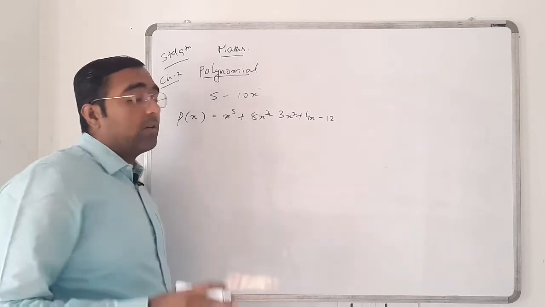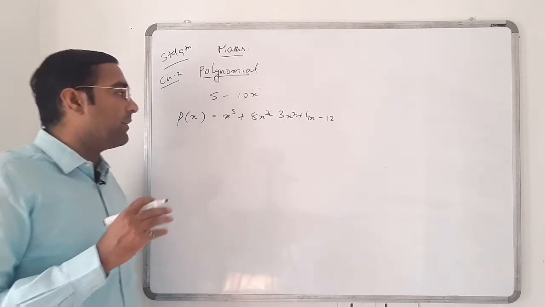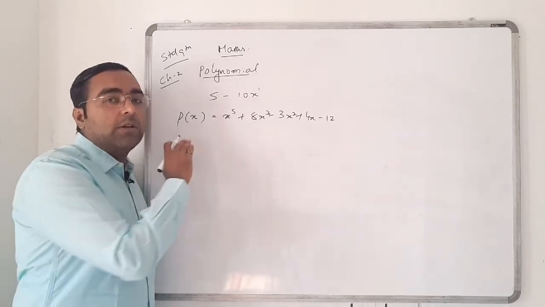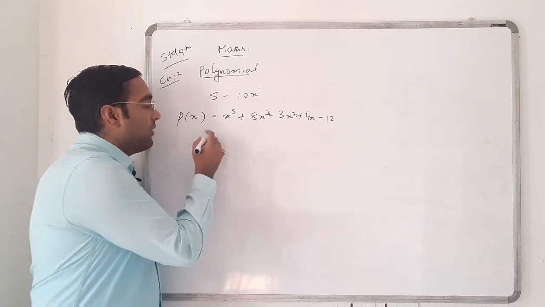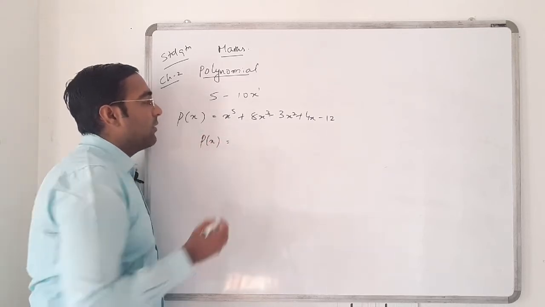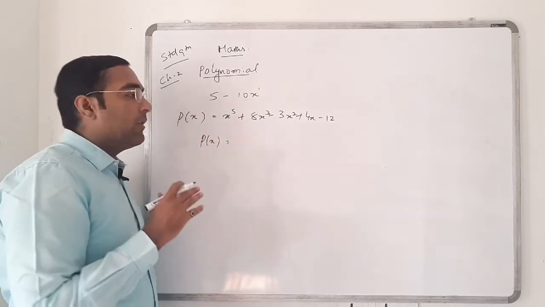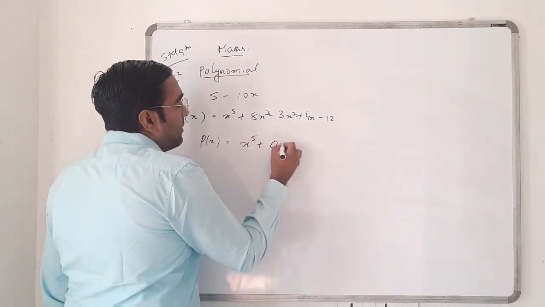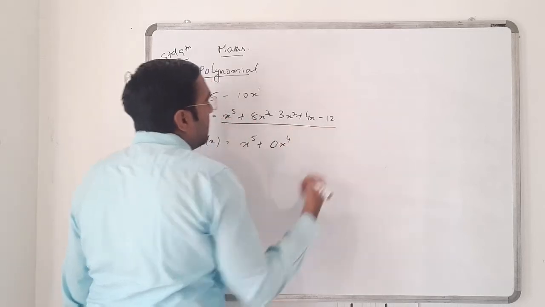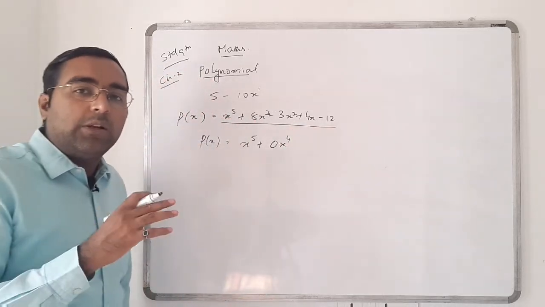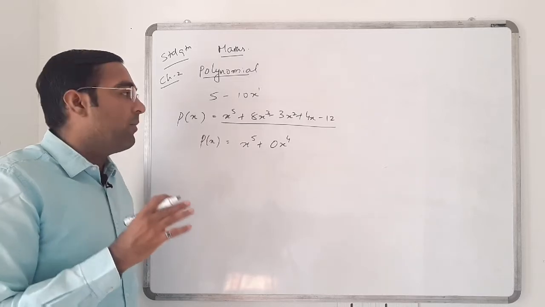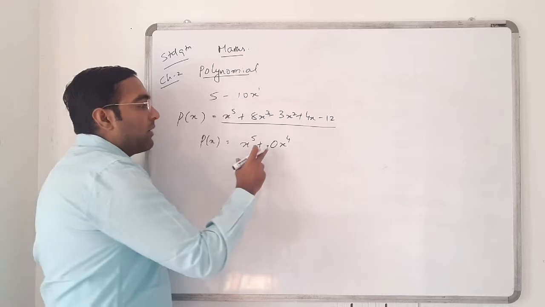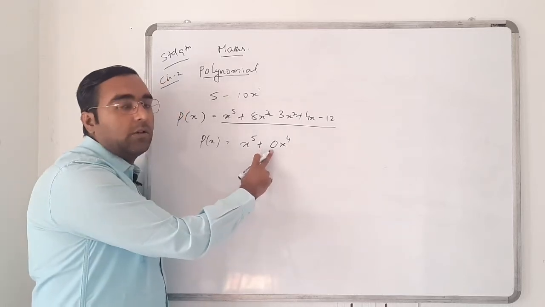Here x raised to 4 is not given. No term with power x raised to 4 is given. So if we add that term, we are not changing the question, because we are adding the x raised to 4 power with the coefficient 0.